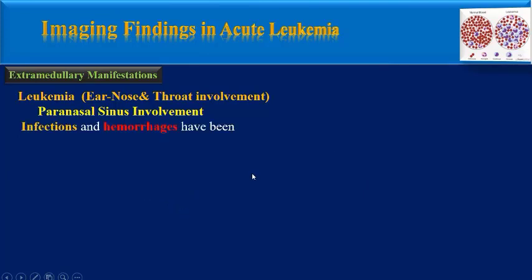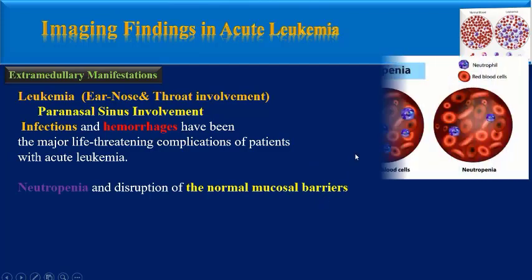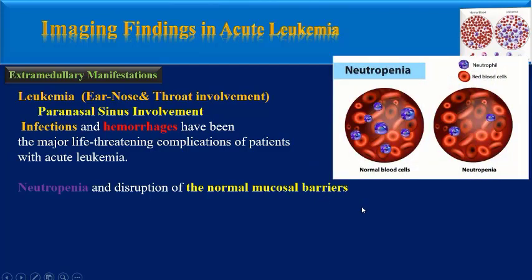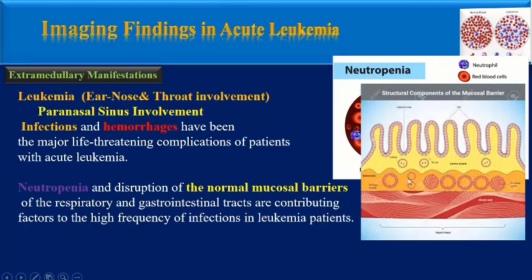Infections and hemorrhage have been the major life-threatening complications of patients with acute leukemia. Neutropenia and disruption of the normal mucosal barriers of the respiratory and GI tracts are contributing factors to the high frequency of infections in leukemia patients.